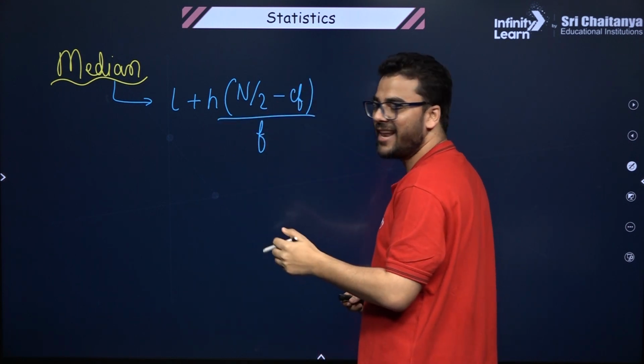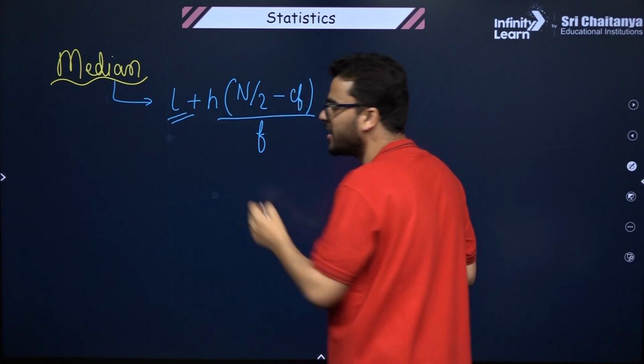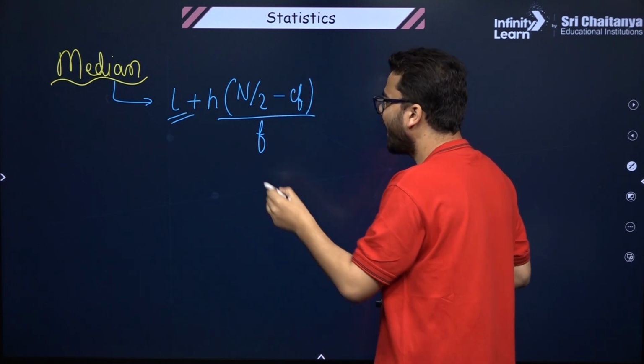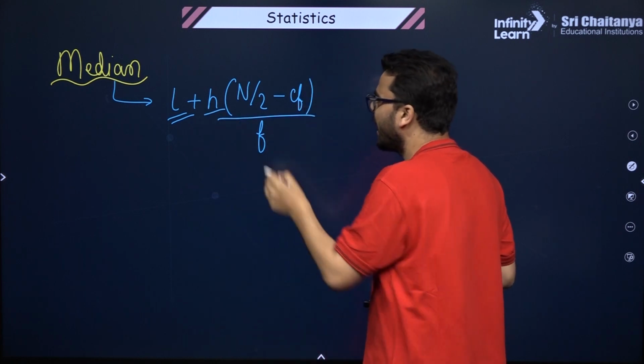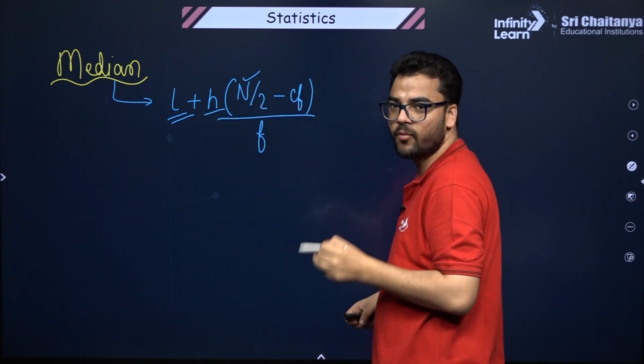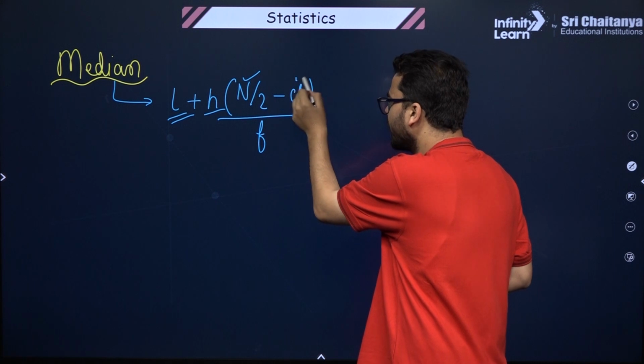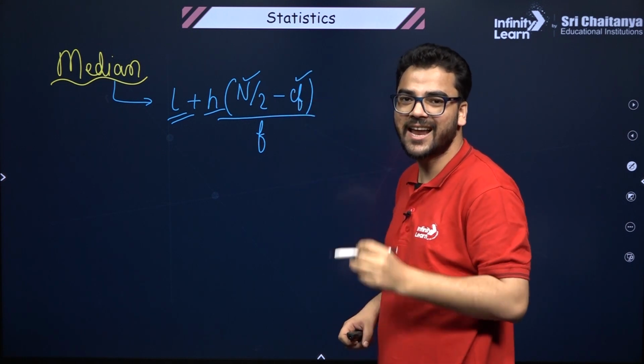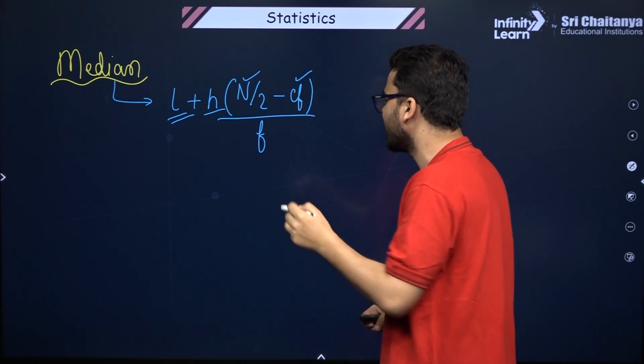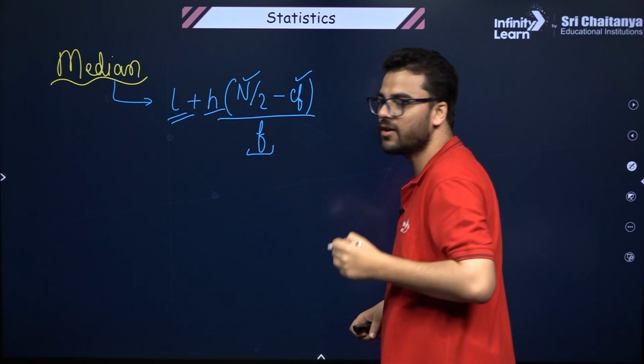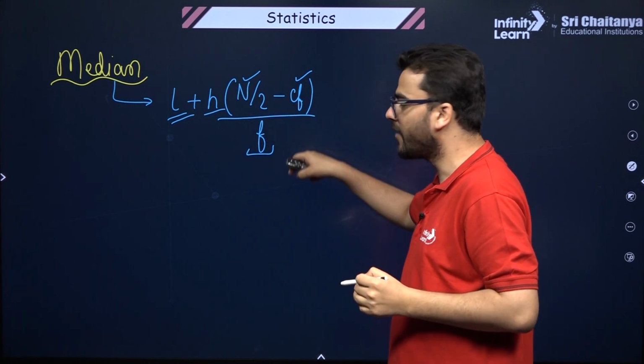Now what is this L? L is the lower limit of the median class, H is the class size, n is the sum of all frequencies, Cf is the cumulative frequency of the class preceding the median class, and f is the frequency of the median class. So these things you have to understand.